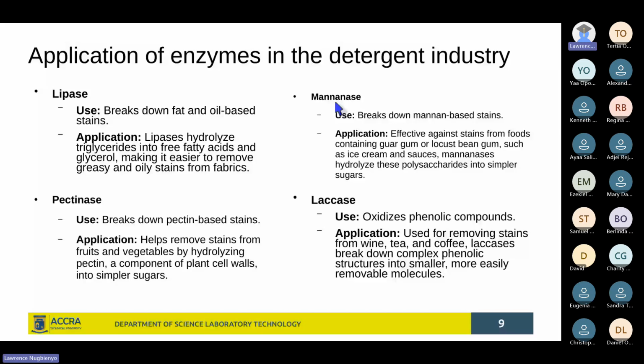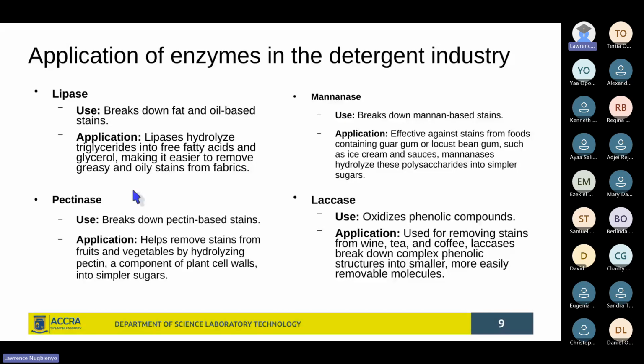And so you have these eco-friendly detergents which have these enzymes in them, which improves their effectiveness in the removal of stains from the fabrics when they are being used. And at the same time, you will not need to use high temperatures to be able to remove these stains again. So another one is pectinase.